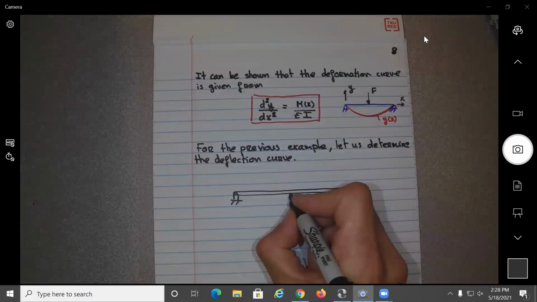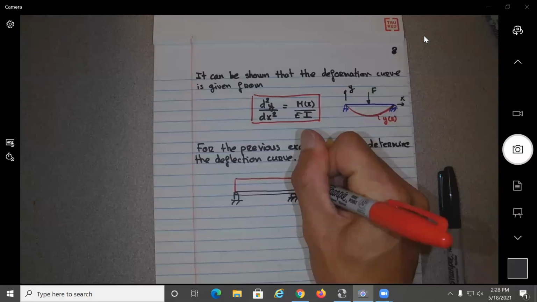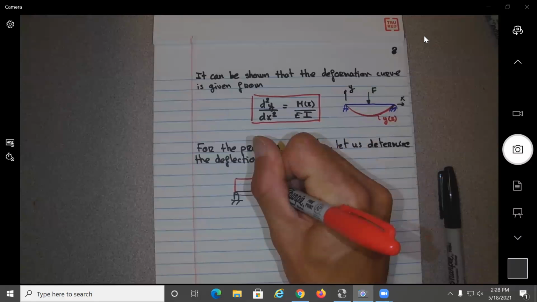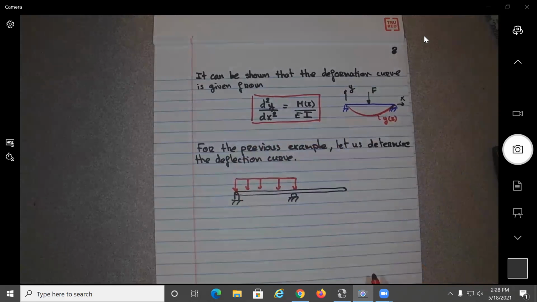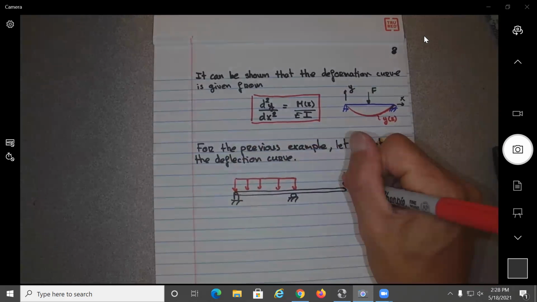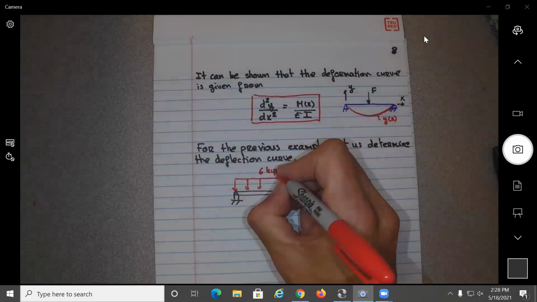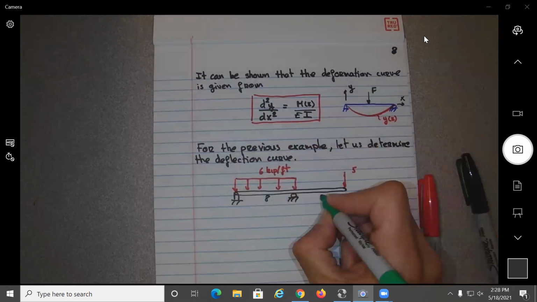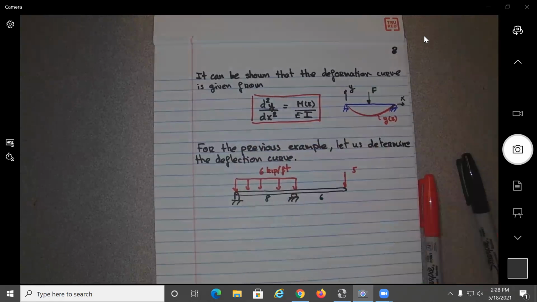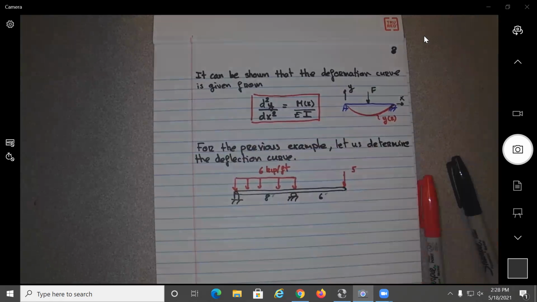So there's the figure. We had here point B. This was the distributed load. We had here the load of 5. I think this was 6 kip per feet. This was 8 feet, this was 6 feet.